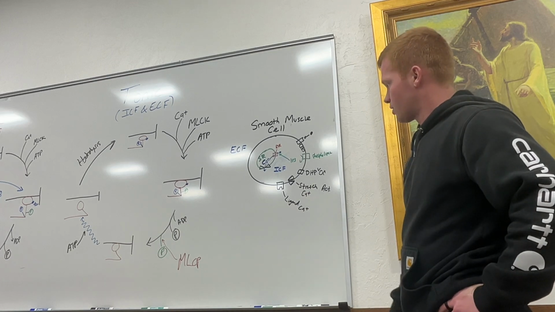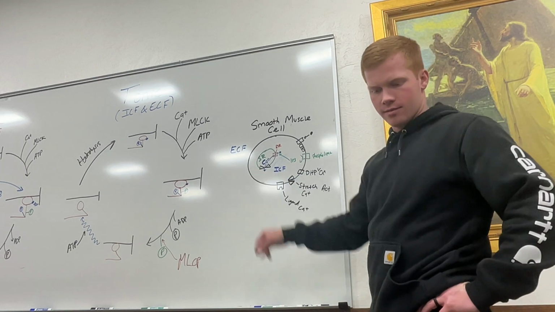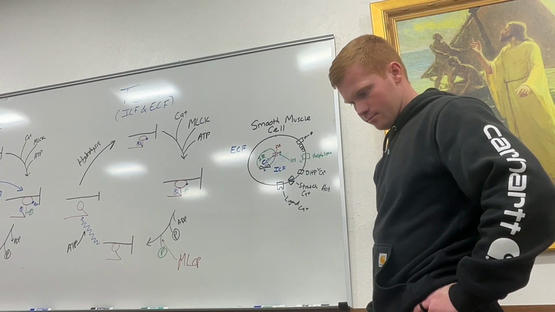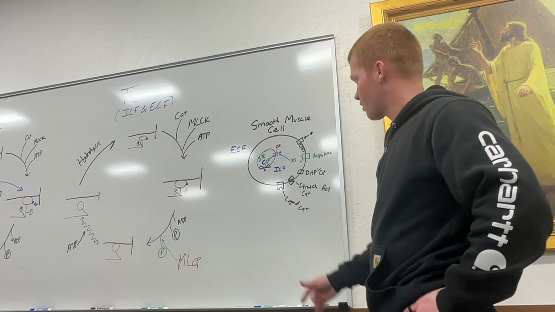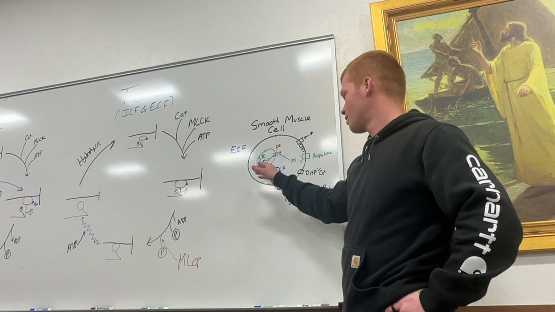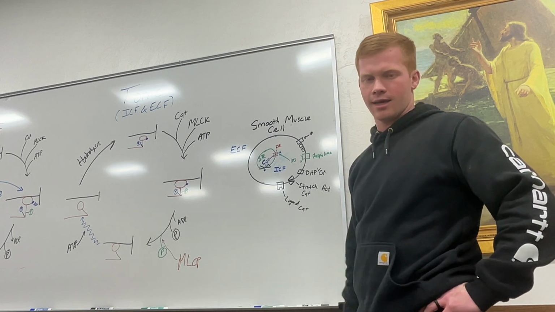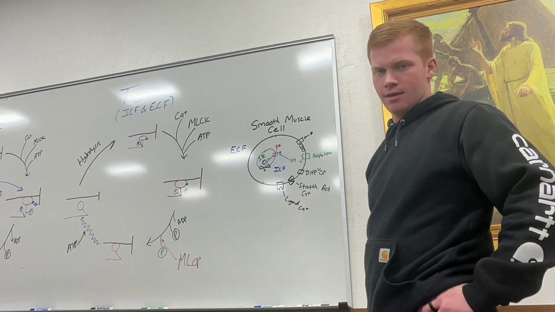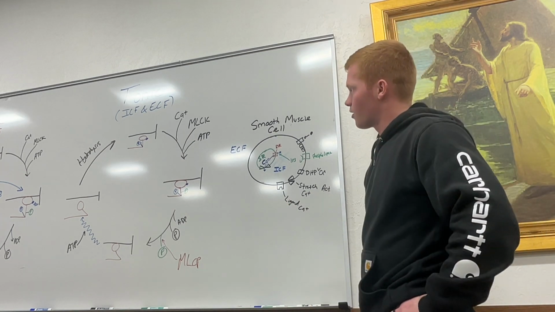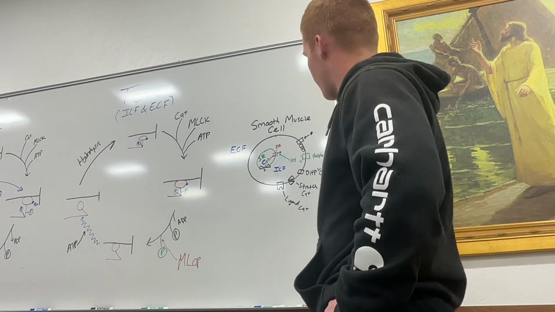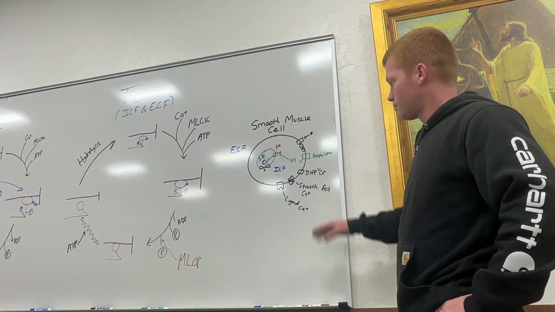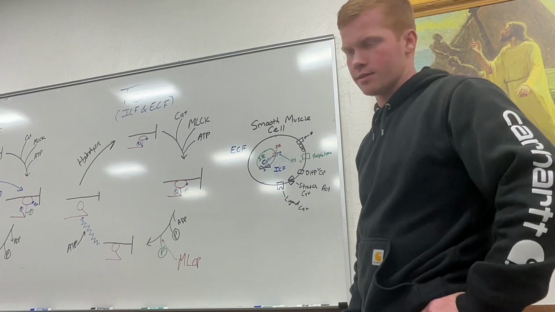There's another one, like a spark calcium channel. I can't really remember, but there's another little channel within the SR that can let calcium out when calcium activates it. Can't remember that one a ton. But this is a smooth muscle cell, a little bit different than a skeletal muscle cell.